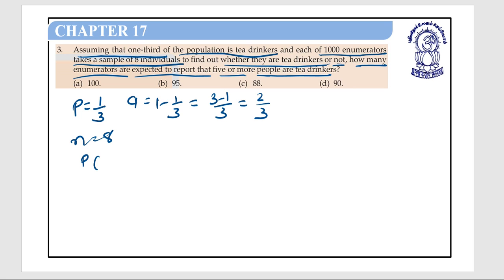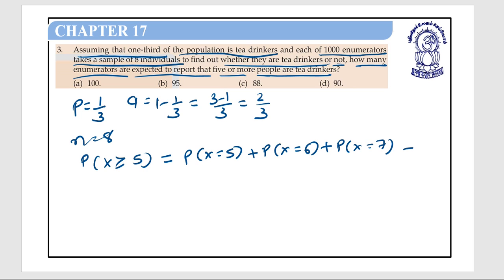Probability of x greater than or equal to 5. Here, how many enumerators are expected to report that 5 or more people are tea drinkers? So, it is equal to P of x is equal to 5 plus P of x is equal to 6 plus P of x is equal to 7 plus probability of x is equal to 8.